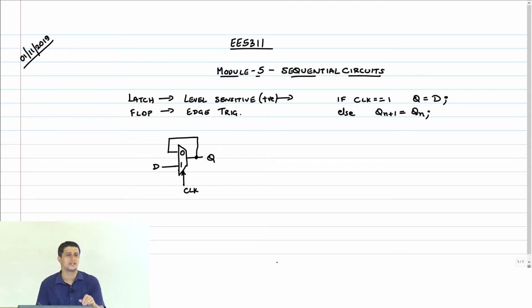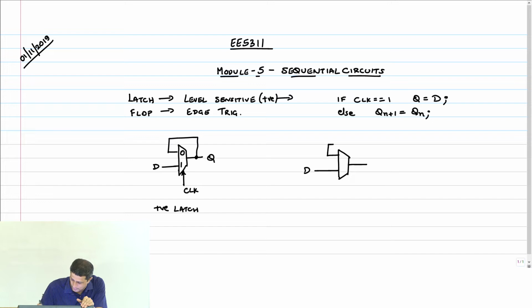Okay, so using this, we now want to construct a flop which is going to be edge triggered. So we'll see how we can do that. If this is a latch and it's a positive latch, then the basic idea is you cascade 2 latches. Let me call this QM.